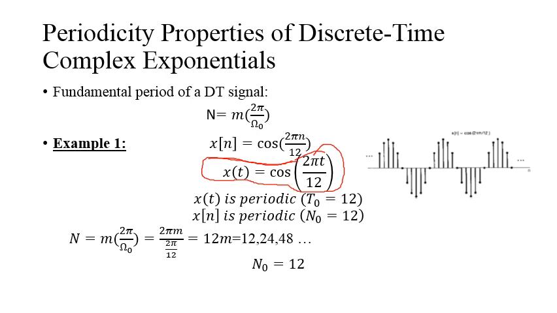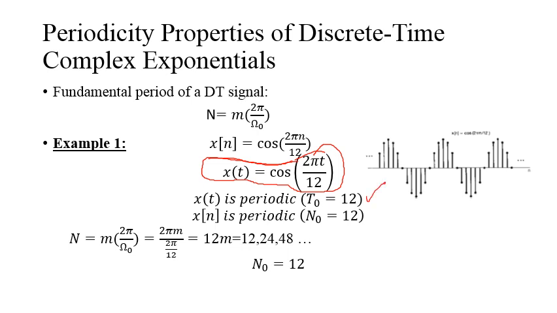It's not necessary that all sinusoidal signals in discrete time are periodic, whereas in continuous time, all sinusoidal signals are periodic. For this signal, the period is very easy, that is 12.